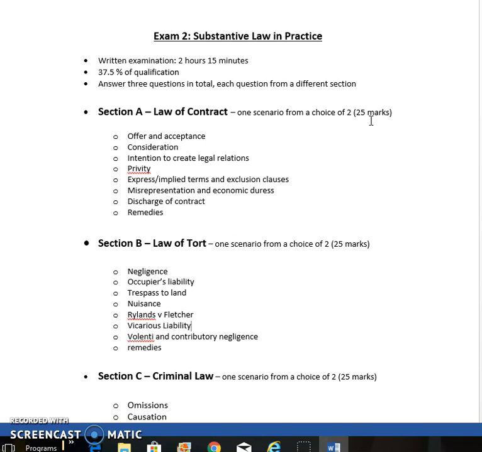Possible topics on contract include offer and acceptance, consideration, intention to create legal relations, privity, express implied terms and exclusion clauses, misrepresentation and economic duress, discharge of contract, and remedies.